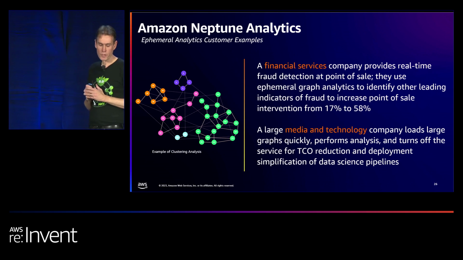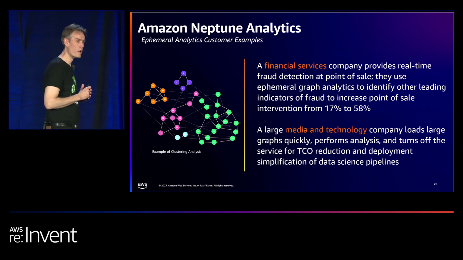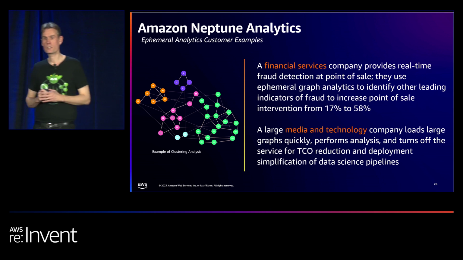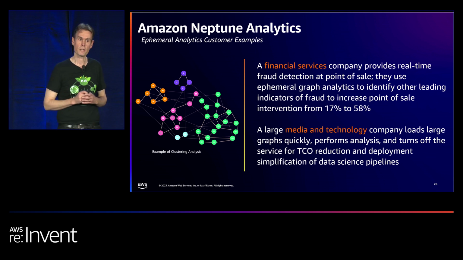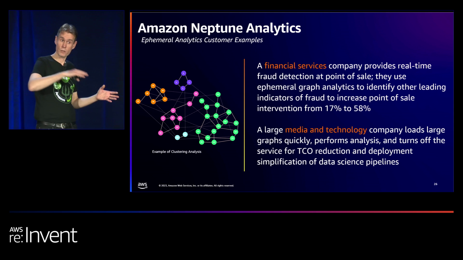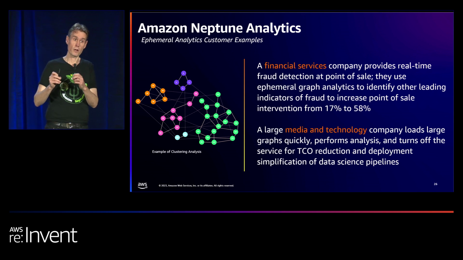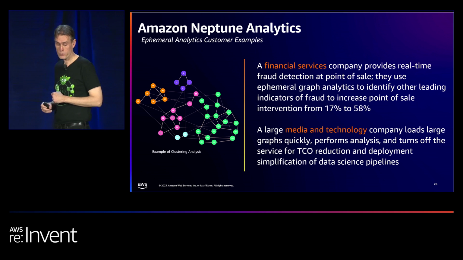I mentioned we ran a private beta. For ephemeral analytics, we had a financial services customer improve fraud detection at the point of sale from 17% to 58% by using ephemeral analytics, loading their graph very quickly with Neptune Analytics, issuing graph algorithms, finding detections, and then using that to improve their results.